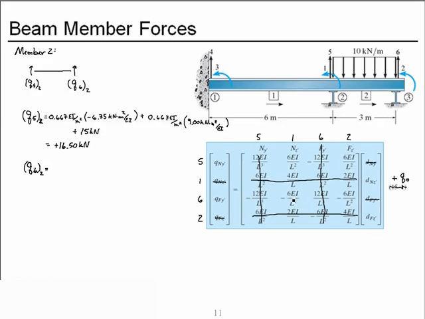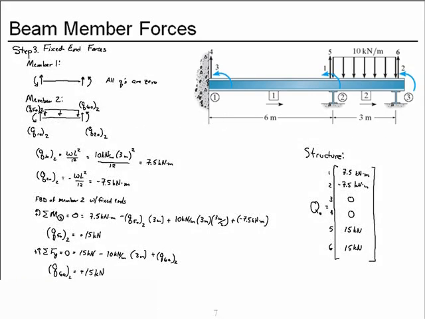We have minus 6EI over L squared, so minus 0.667 EI per meter squared times deformation 1, to which we add a minus 6EI over L squared times deformation 2, and to which we add the fixed end force for degree of freedom 6, member 2, which was also positive 15 kilonewtons.